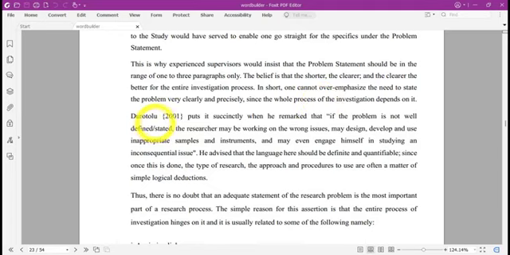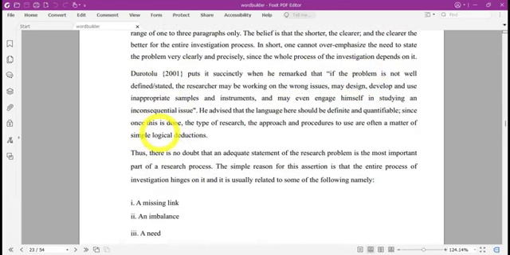Okay, Duro Tolu 2001 puts it succinctly when he remarked that if the problem is not well defined or stated, the researcher may be working on the wrong issues. You need to define the problem very well. If it's not well defined or stated, the researcher may be working on the wrong issues even without knowing it, I must add.